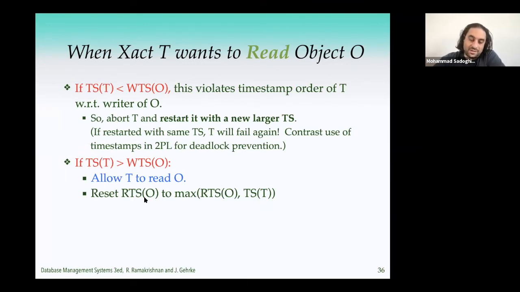We're going to keep the value of the youngest transaction, or the newest transaction, that has read the object. So whenever the write is visible, the read is allowed. And when the read is allowed, the read timestamp of that object is also modified.